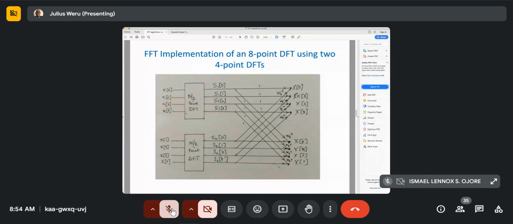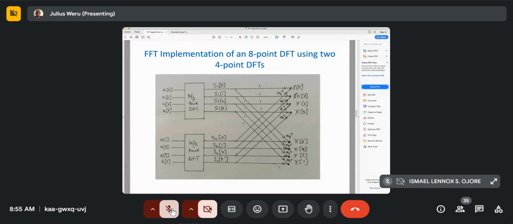When you draw the butterfly diagram, you always start with the input: 2 inputs, another 2 inputs, combined into making 1. That's why we are approaching it from the output side, just to show how the split is done. Eventually, you're going to see what our butterfly diagram looks like.